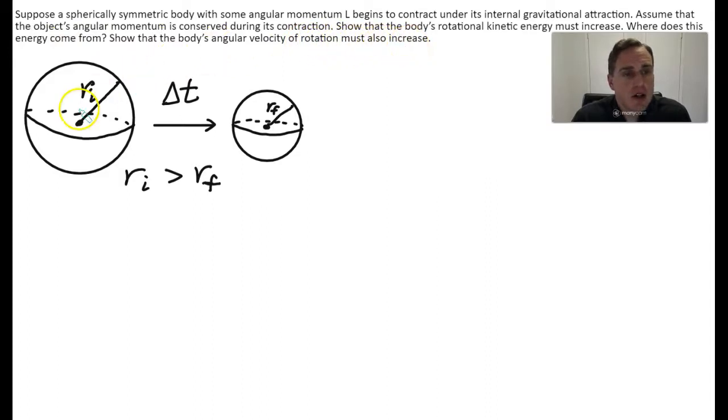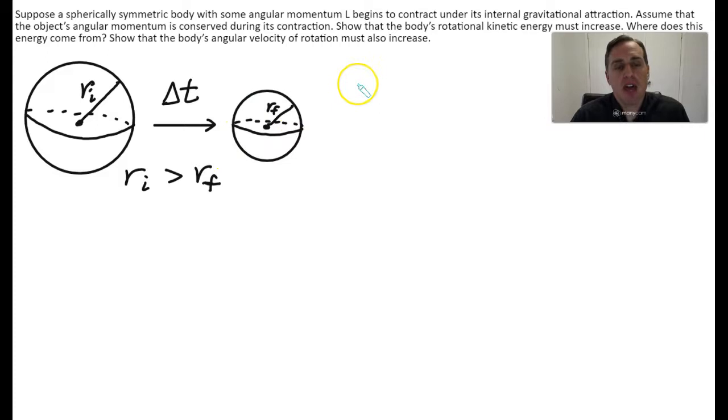All right. So let's assume that we have some sphere here that I have sketched, and it has a radius initially, let's call it Ri, R being radius, i being initial. And suppose some delta t, that is some time later, it has a smaller radius, that is R final.